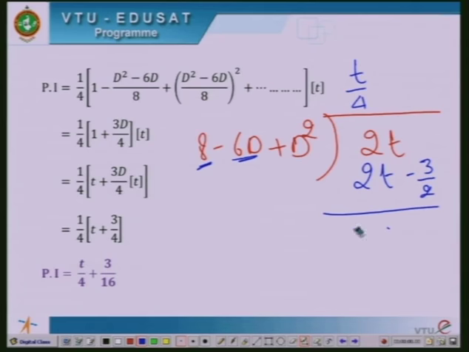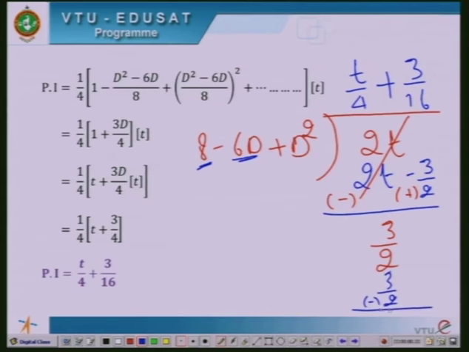Now you subtract this, 2t vanishes, I will get 3 by 2. Next, what should be multiplied with the 8 to get 3 by 2 here? Definitely it has to be 3 by 16, because when you multiply by 3 by 16 you will get 3 by 8, subtract, you will get 0 as answer.